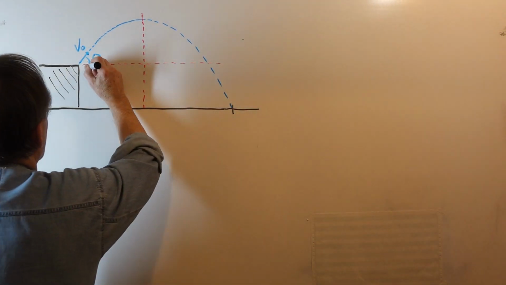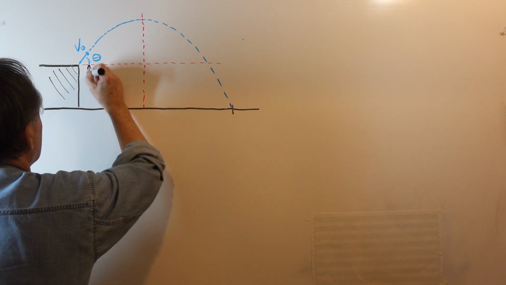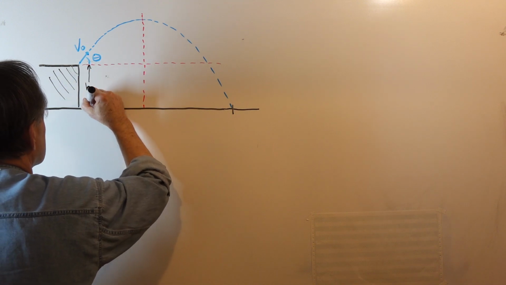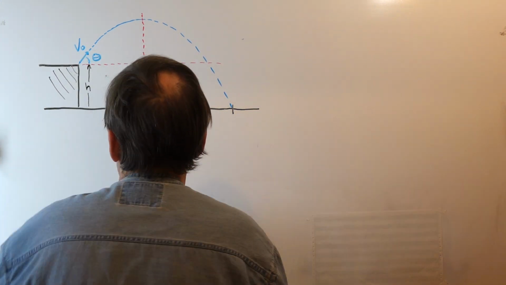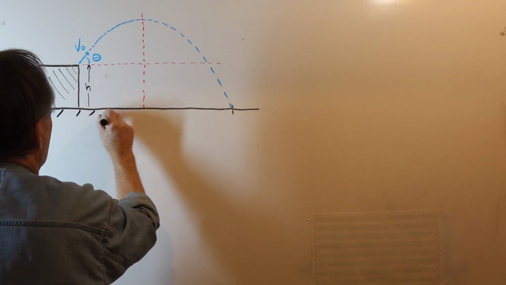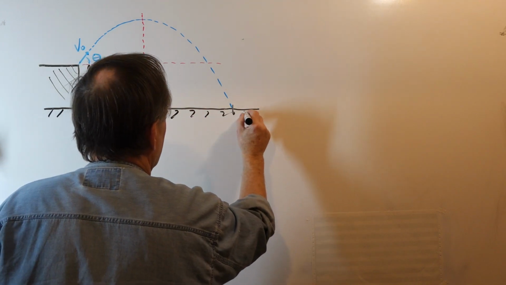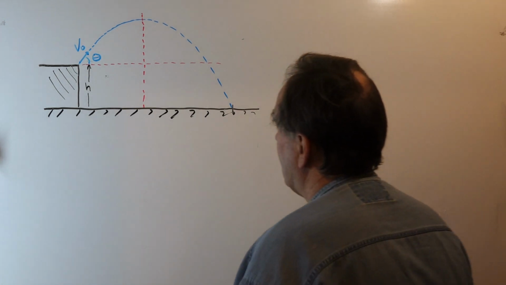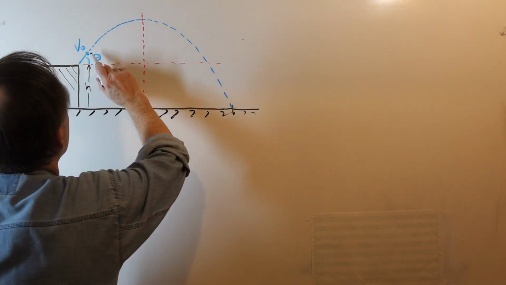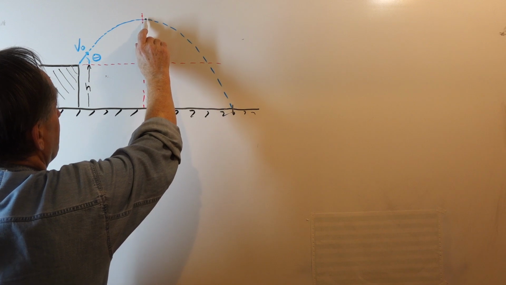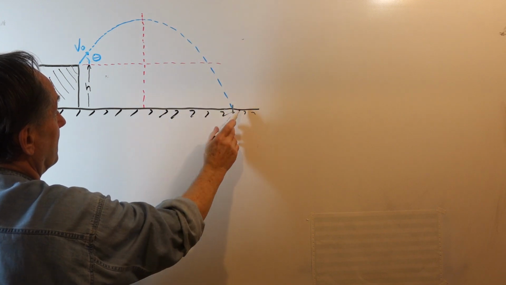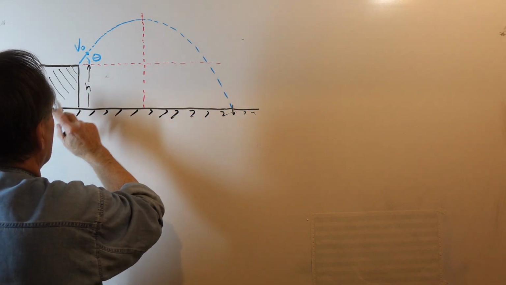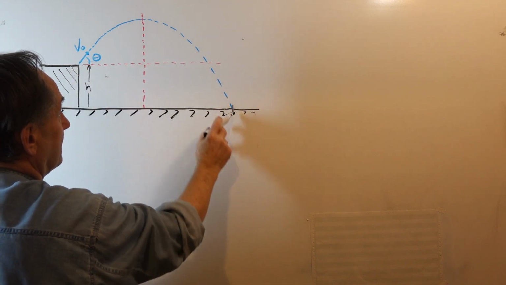The height of the building we'll give as h, from the ground up to the top of the building. This is our ground. During flight, the projectile is going to go up, reach a peak, and then come back down and hit the ground below the height of the building.